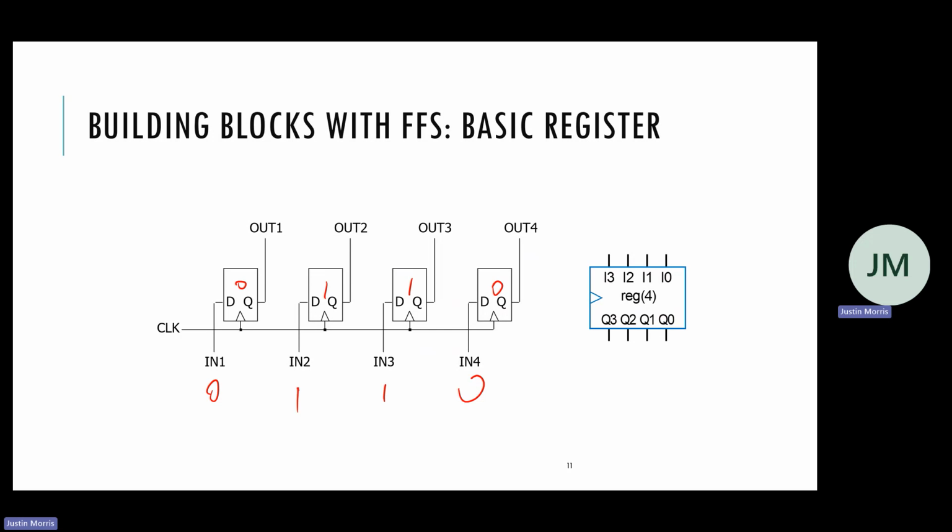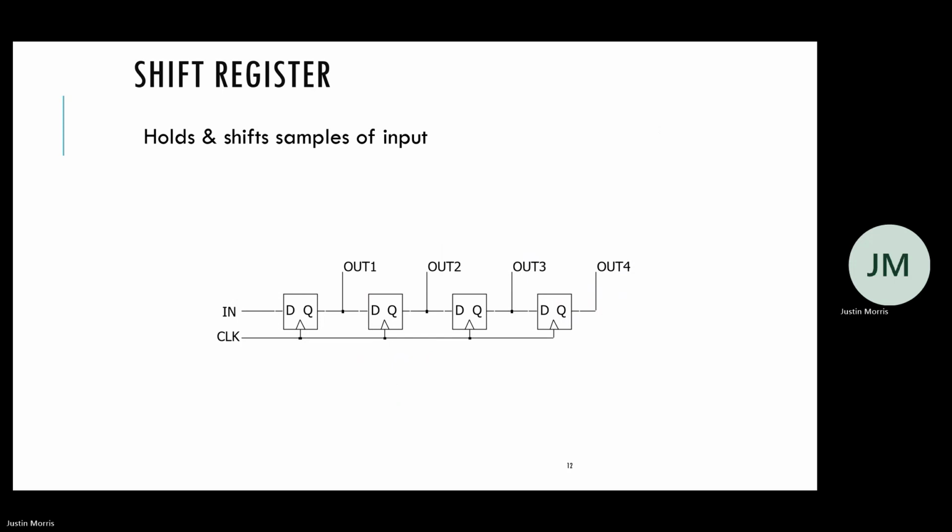And then if next clock cycle, I change it to 1, 1, 0, 0, next positive edge, they would change to 1, 1, 0, 0, right? So this is how I can store multi-bits, things with multiple D flip-flops. So this is use case 1.